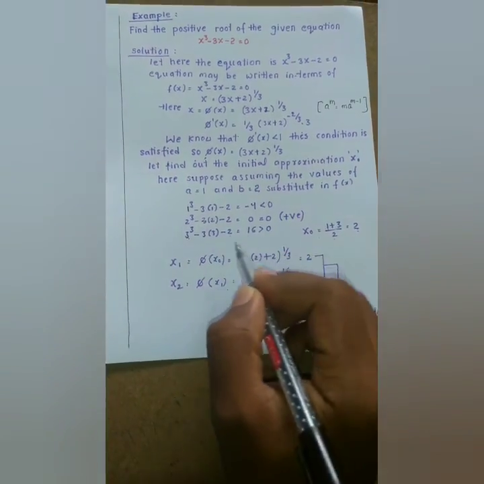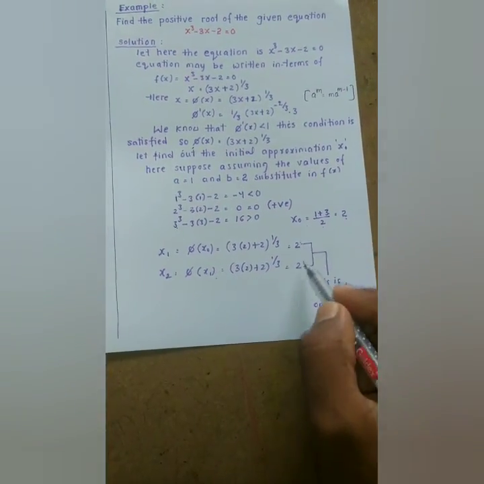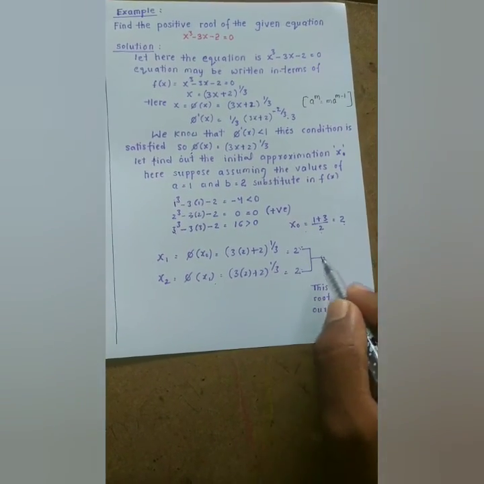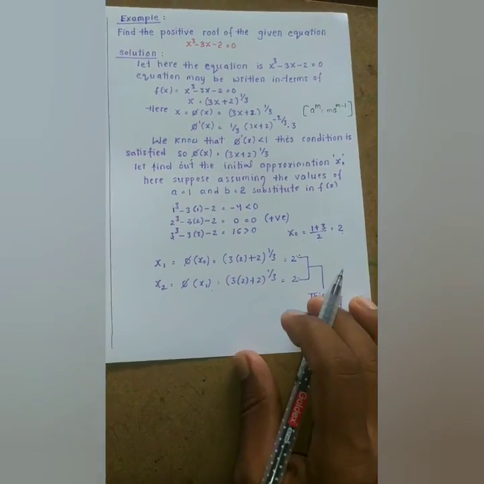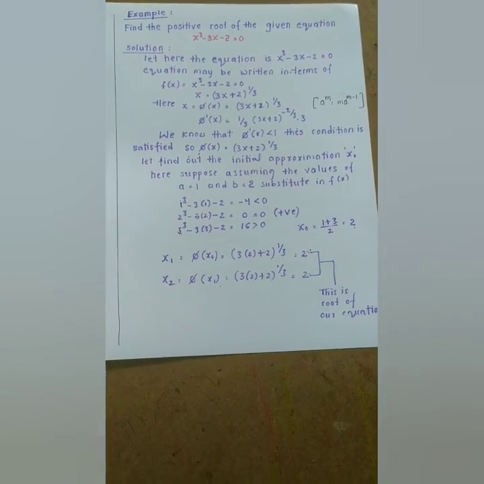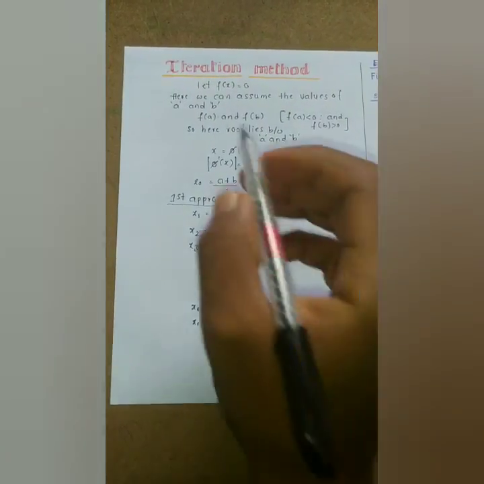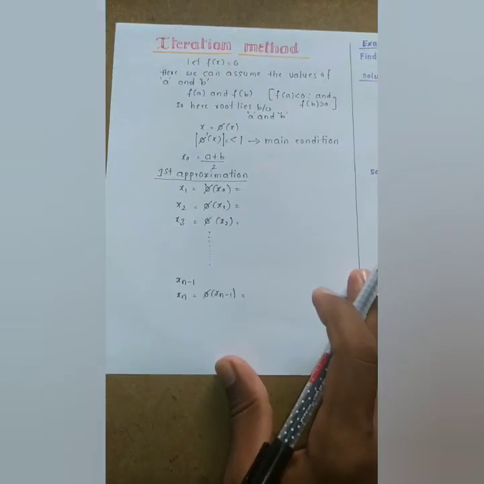So we know that these two approximations are equal. So we can consider these as the root of our equation. In this way we can find the root of the given equation by using the iteration method. Thank you friends.